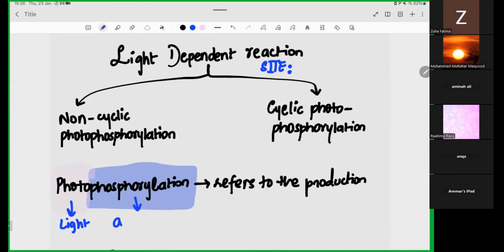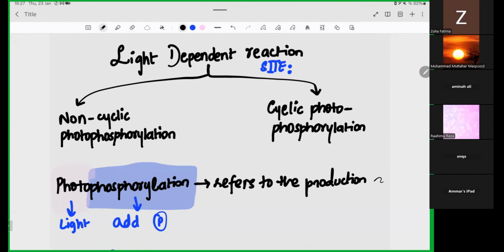addition of the phosphate group. So if we combine these two terminologies, photophosphorylation simply means the production of ATP or the phosphorylation of ADP to ATP due to light energy. So in the presence of light, when we phosphorylate an ADP molecule to ATP, that process is known as photophosphorylation.